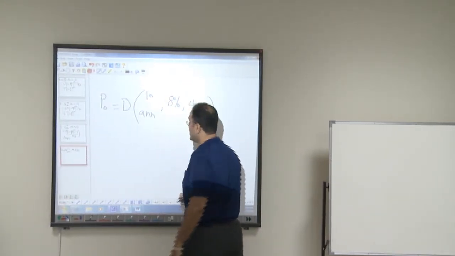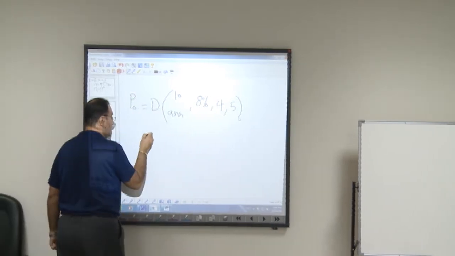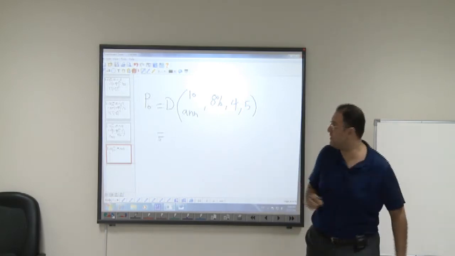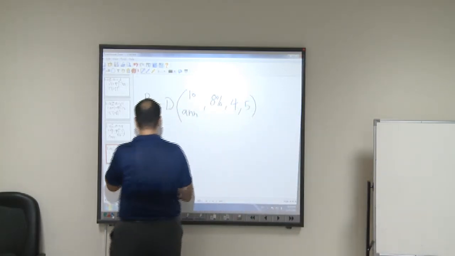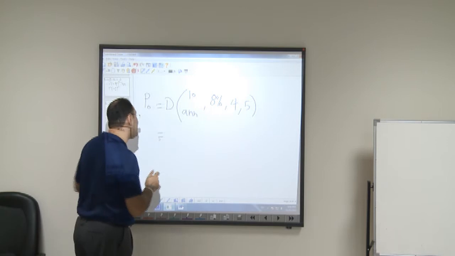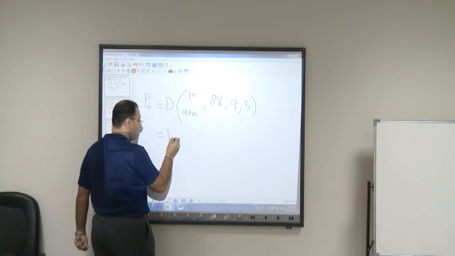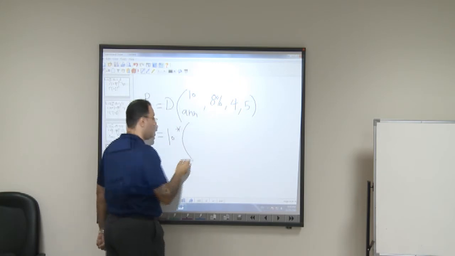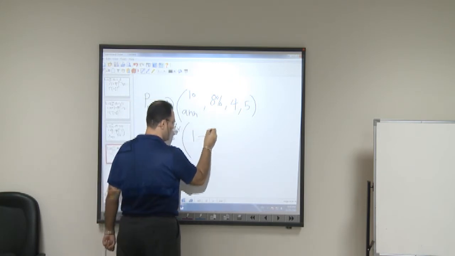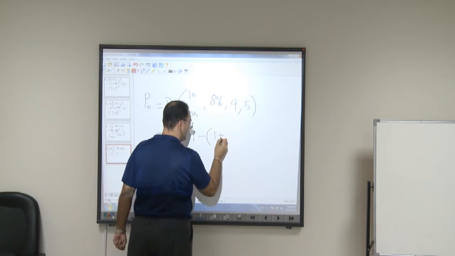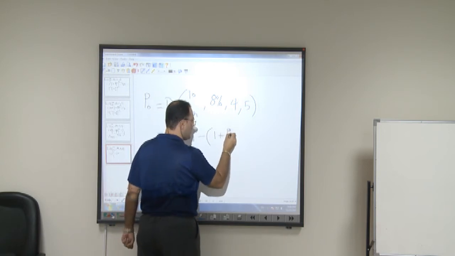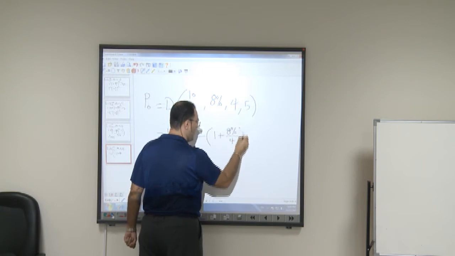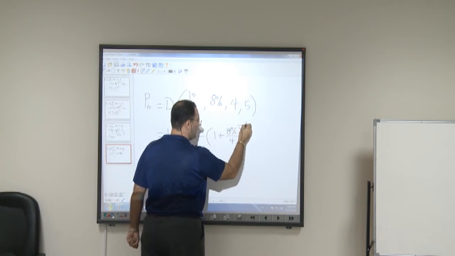Good job. So let's continue. What should I have here? I'm solving for P0, so it's going to be 10 times, 1 minus, 1 plus 8% over 4, to the power of negative 4 times 5.